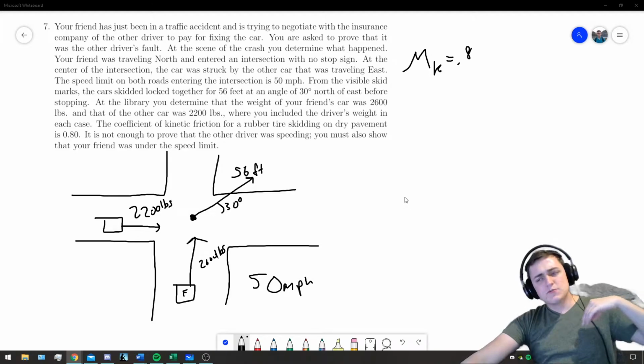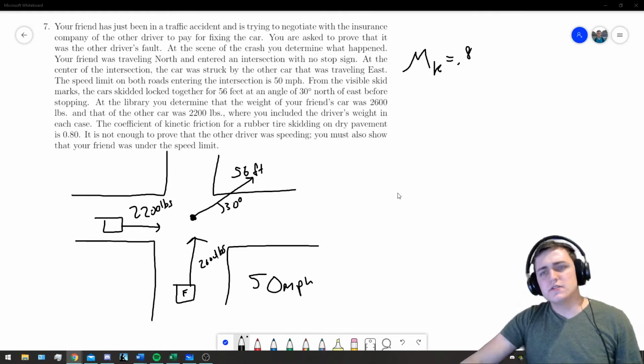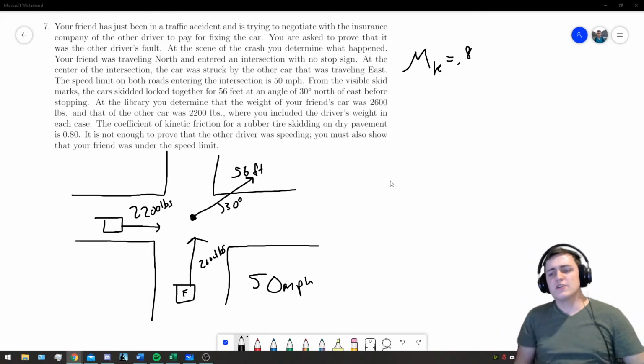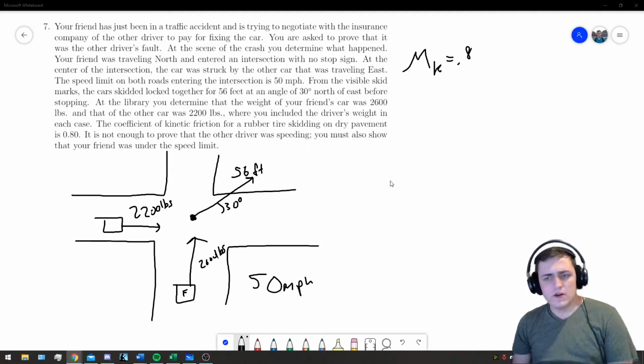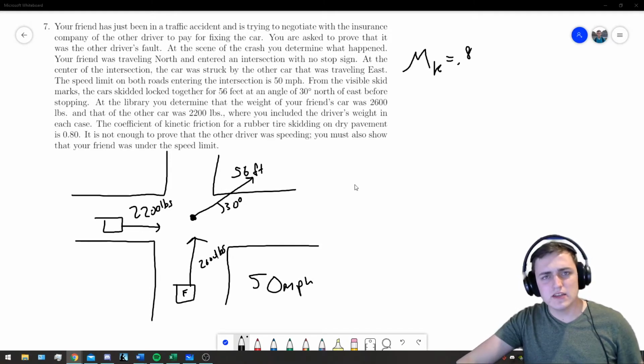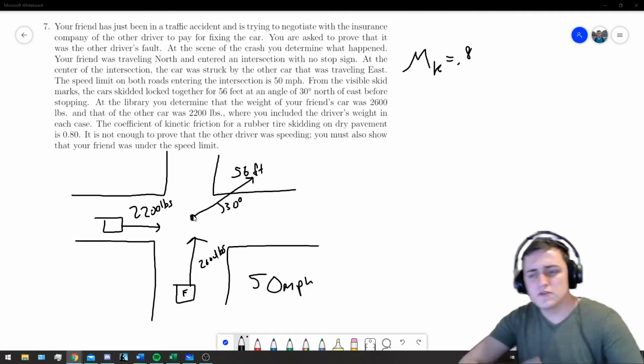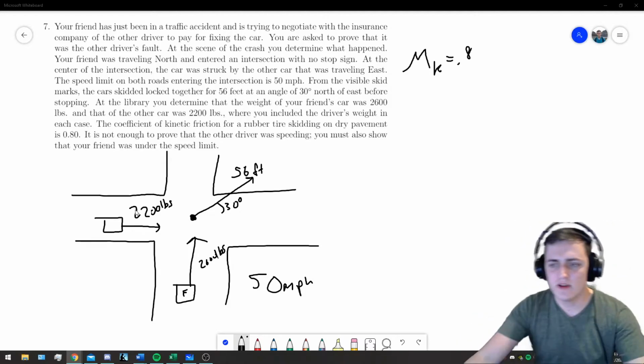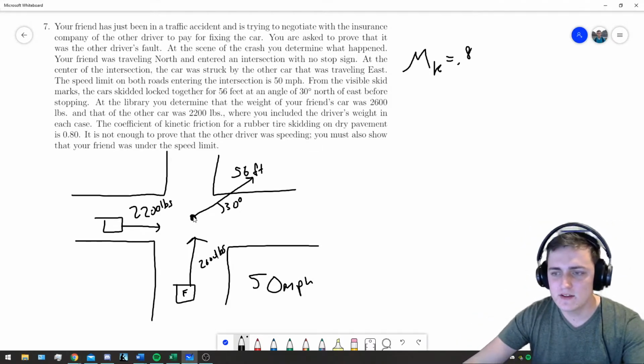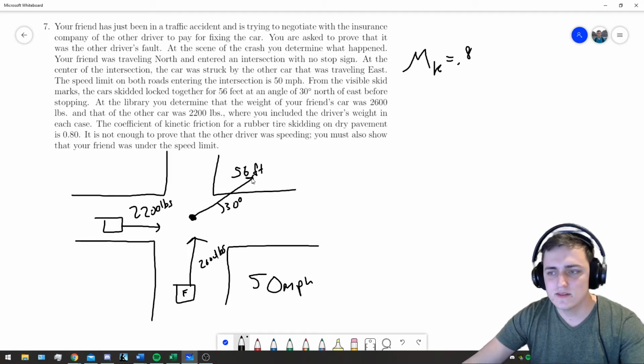Okay, so what we can do is analyze the conservation of energy. We know these two cars are traveling with a given kinetic energy, and that they end here. And in order to apply the conservation of energy, we look from the instant they crash to the instant they stop moving.